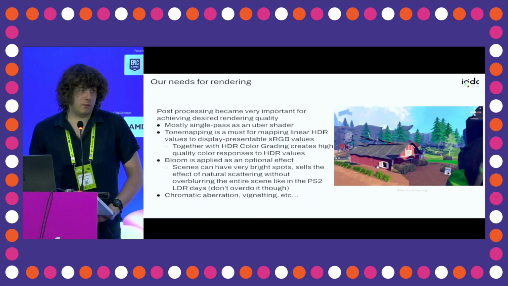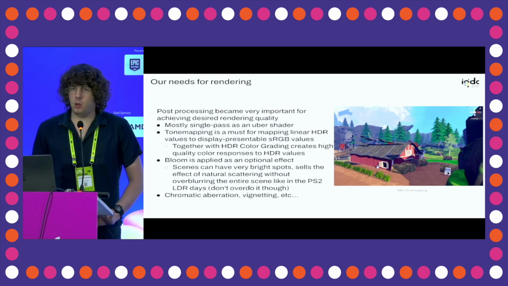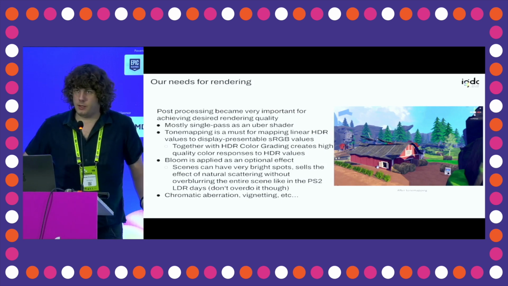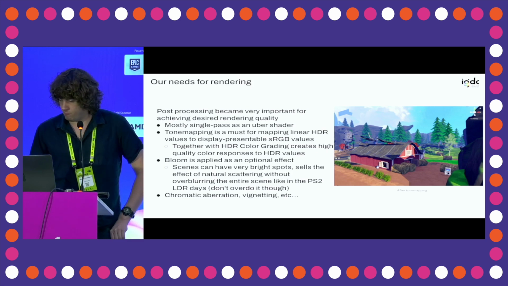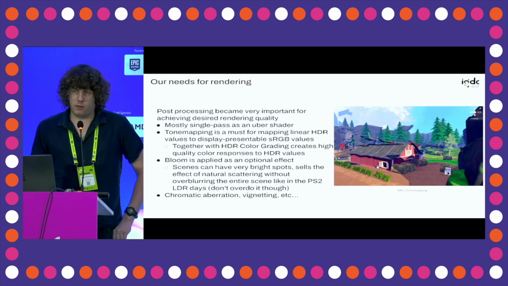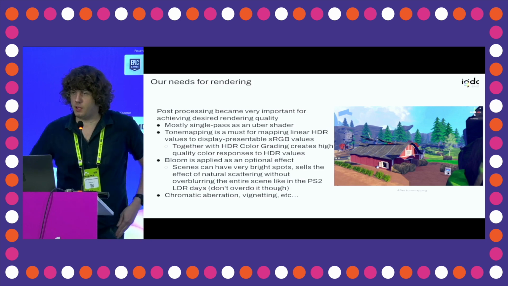But in order to make it work, we need post-processing, and especially we need tone mapping and color grading to map all that HDR data back into presentable sRGB LDR data. So most of our post effects are a single pass in an Uber shader, like color grading and tone mapping and so on.